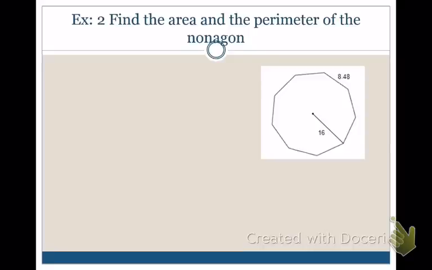Example number 2 here. This is a nonagon. We want to find the area and the perimeter of a nonagon. So again, area is 1/2 ASN. The apothem, we actually don't know. This 16 is a radius. Remember, the apothem is drawn from the center to a side. So we're going to have to go find the apothem.